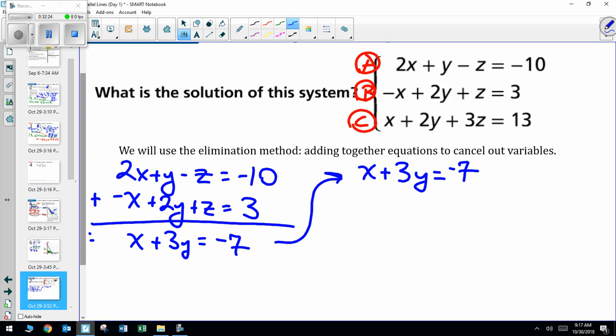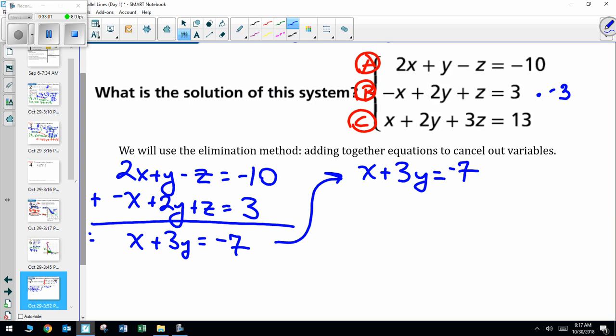So if I want to get rid of the z between these two equations, this would have to have a multiple of negative 3 in front of it, right? I can multiply that entire equation by negative 3, and it'll still be the same equation. So this is my new top equation. I'm going to multiply this one by negative 3.